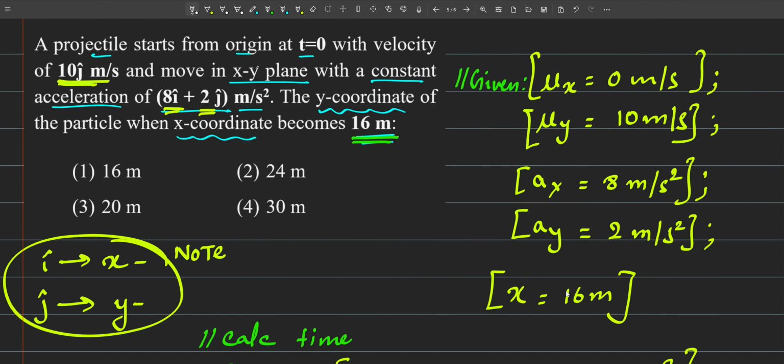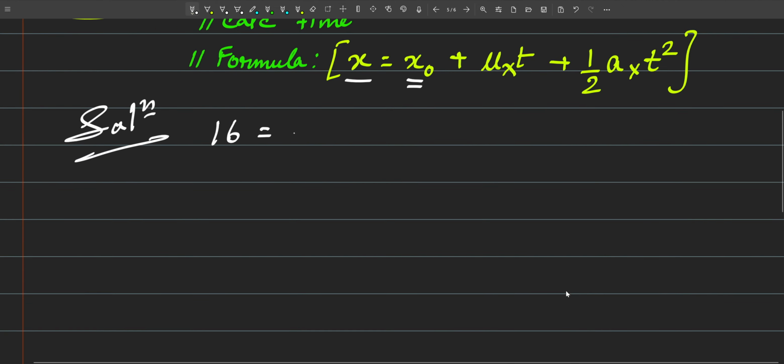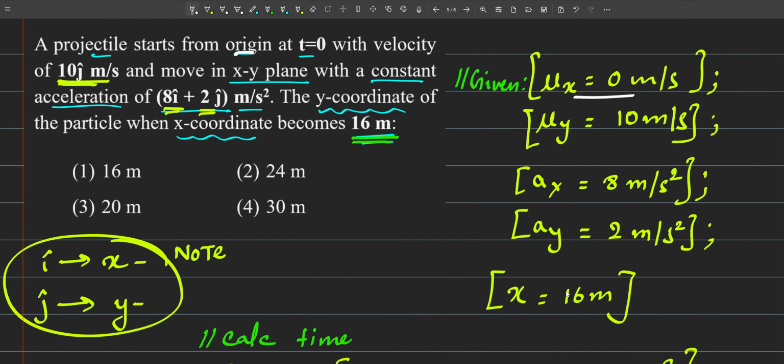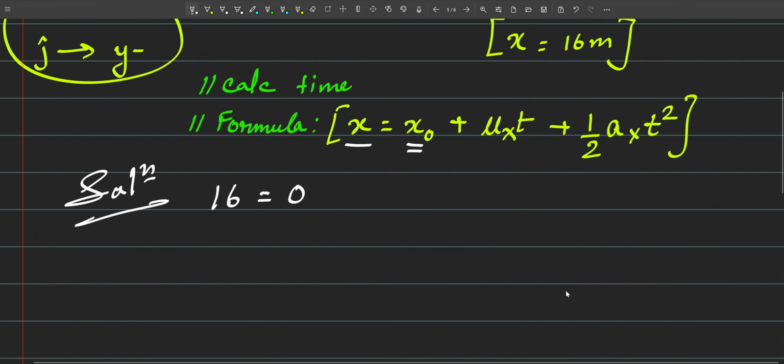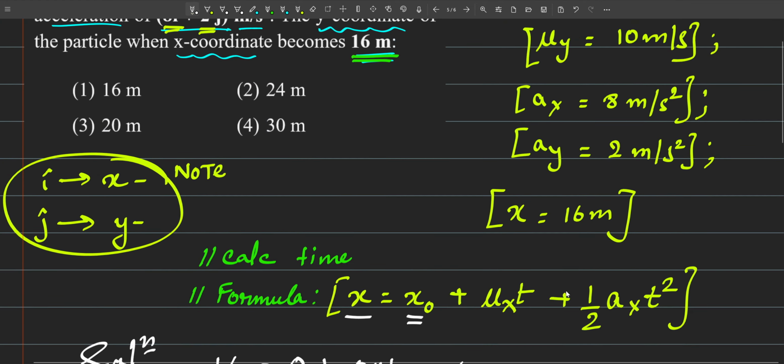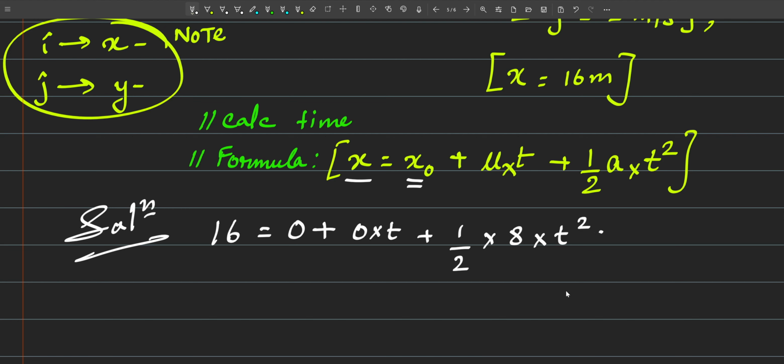It started from the origin, that's why it will be 0, and initial velocity, as we can see, is also 0 meter per second, that is equal to 0 plus 0 into time plus half, acceleration in x-axis is 8 meter per second square, so into 8 and time squared. So basically this is 0 and this is 0. From 2 we get 4, and from 4 here we get t squared, and we'll take only the positive value, and from here we get time is equal to 2 seconds.